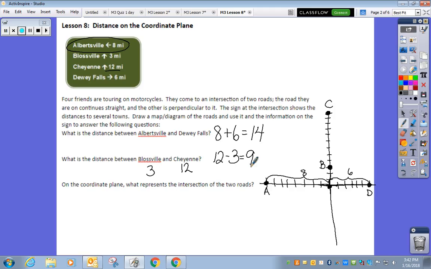The reason we add for one and subtract for one is because of where they are in location to myself. So notice Albertsville and Dewey Falls are on opposite sides of me. So since they're on opposite sides of me, I would want to add their distances from me together to find how far apart they are from one another. But Blossville and Cheyenne are on the same side of me.